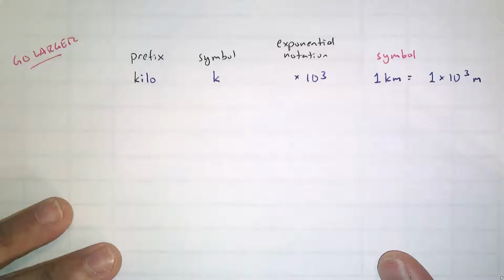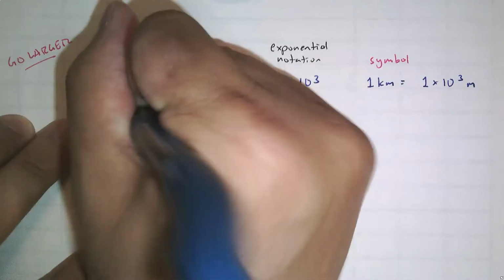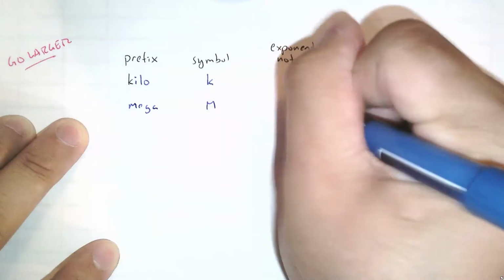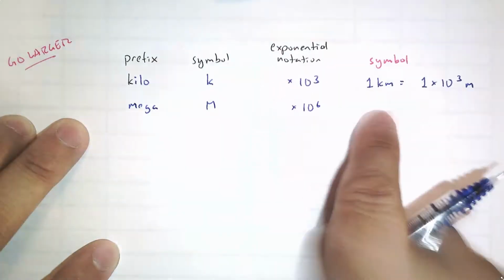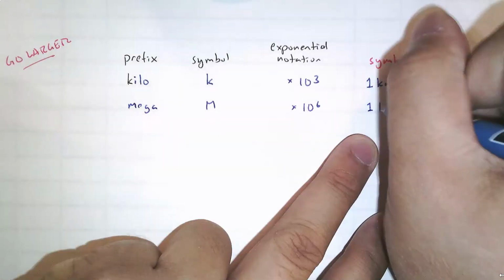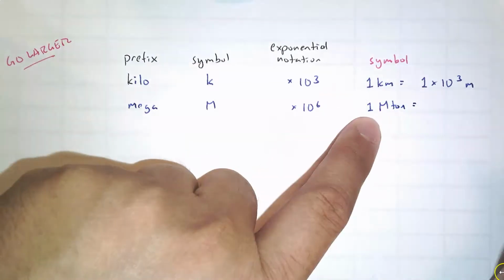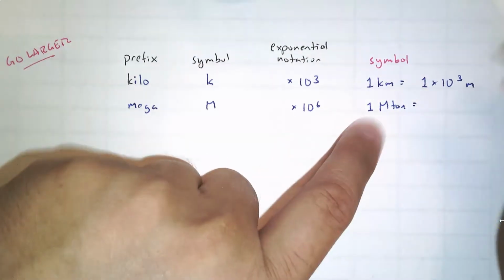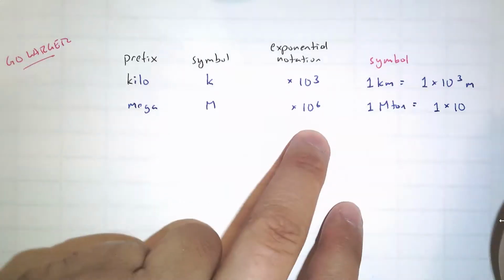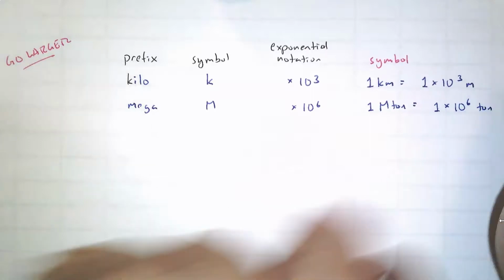Next we'll go to mega, big M, times 10 to the 6. Megaton maybe. Again, the way I like to do it, the 1 goes with the prefix, and then the multiplier goes with the base: 10 to the 6 tons.